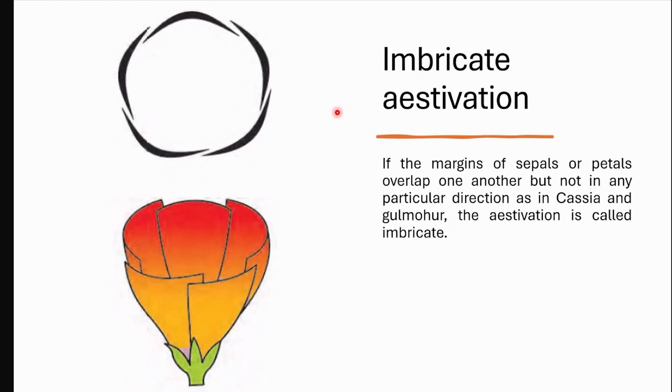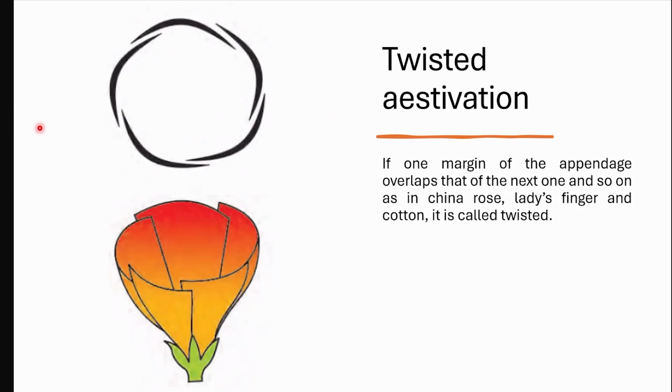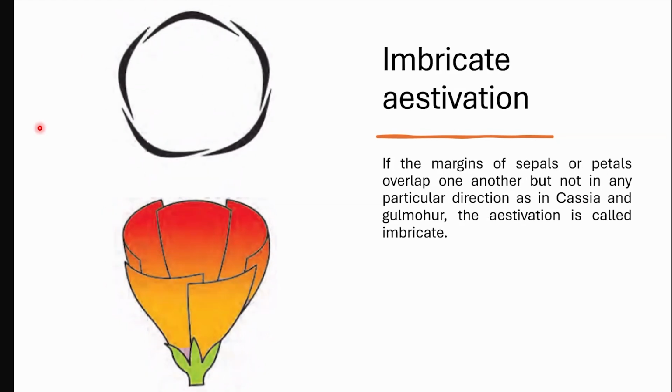Then there is imbricate aestivation. Over here, it looks a little different from twisted aestivation, in which the same margin is overlapping in each one of them. Here, you can see the overlap is there, but it is not constant or consistent.